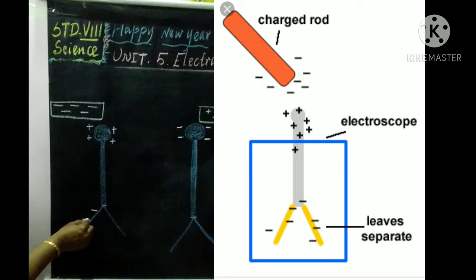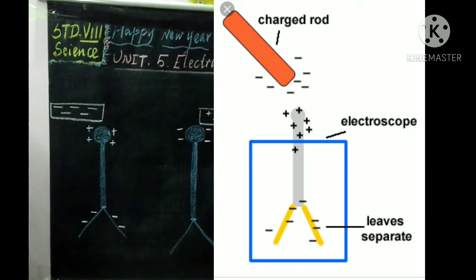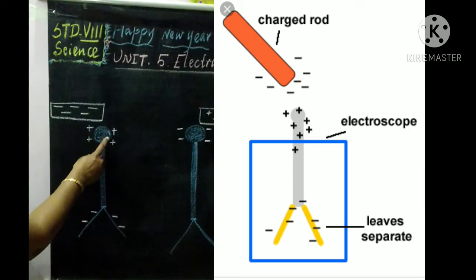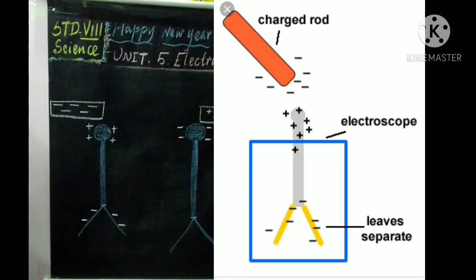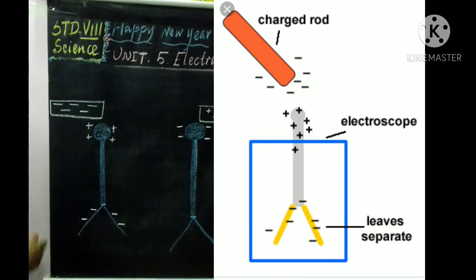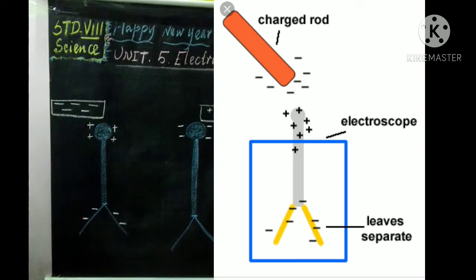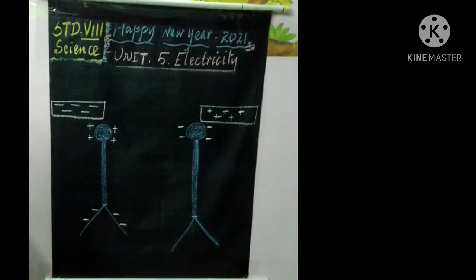So both the leaves now become negatively charged, leaving the top knob of the electroscope positively charged. Understand? Since both the leaves have negative charge, what will happen? Both with like charges? Yes. They repel each other and move apart.